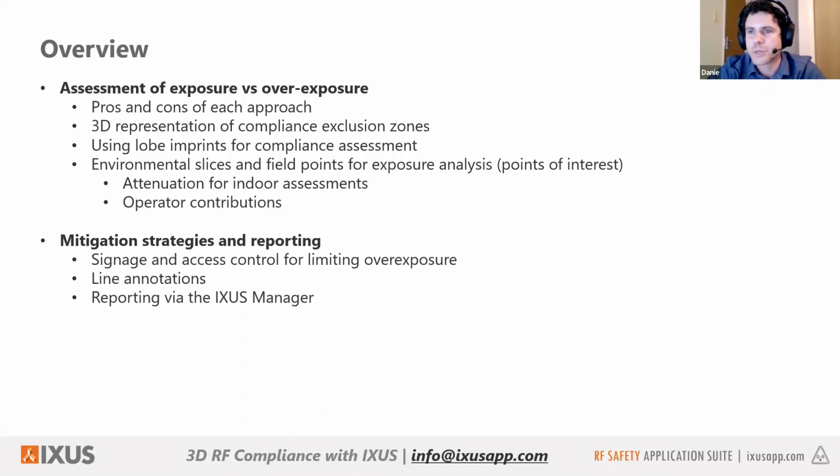I'll go through the pros and cons of both approaches, then move on to the 3D representation of compliance exclusion zones and how that works in IXUS. Following that, I'll cover how we would use these 3D compliance exclusion zones in combination with the Lobe imprint feature to determine where compliance overexposure areas are.